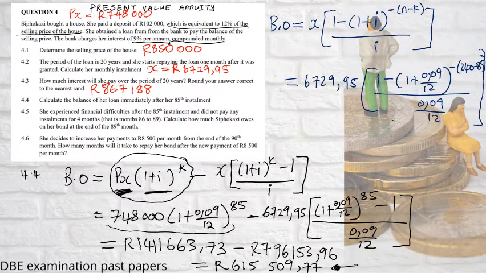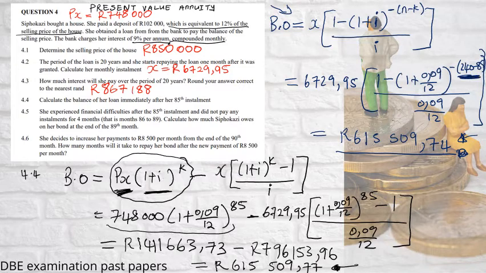We're just going to use a calculator to get the answer there. Okay, so you can see that the final answer is 615,509.74 rands. So the difference between these two formulas is just the decimals. They won't penalize you for that because it's just different formulas. From this one, we are saying how many payments are left to be made. 155 payments are left.